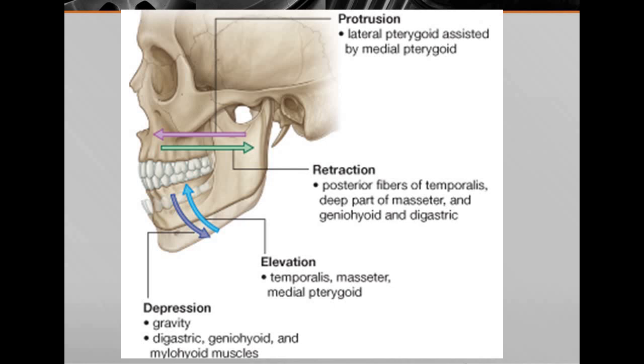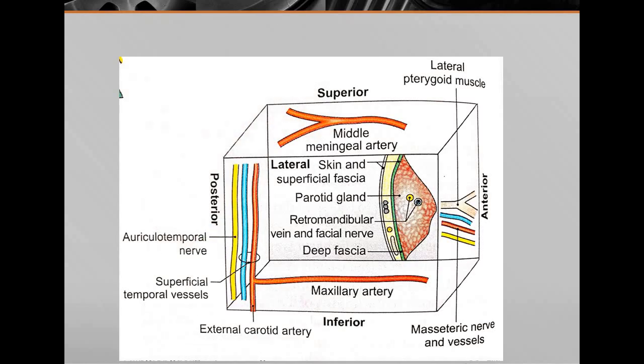Another important aspect of TMJ is the relations of the temporomandibular joint. Roughly, this is the schematic representation of the relations of the temporomandibular joint. If you imagine TMJ as a cube, there is a superior surface, anterior surface, posterior surface, inferior surface, and this is the lateral surface.